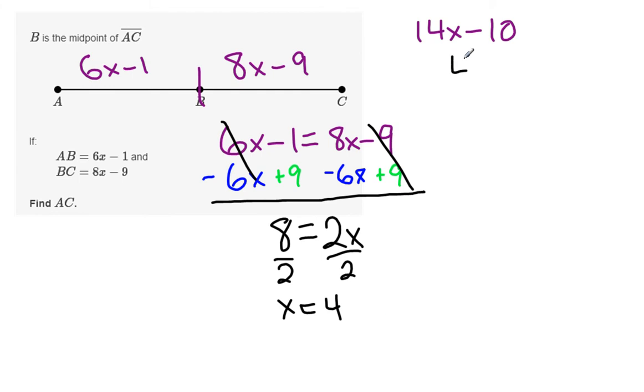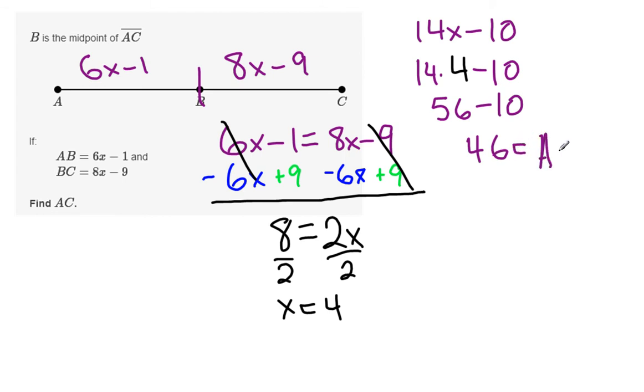So what is 14 times 4 minus 10? 14 times 4 is 56. Minus 10 gives us 46. And if we've done our math correctly, that should equal AC. Let's check.